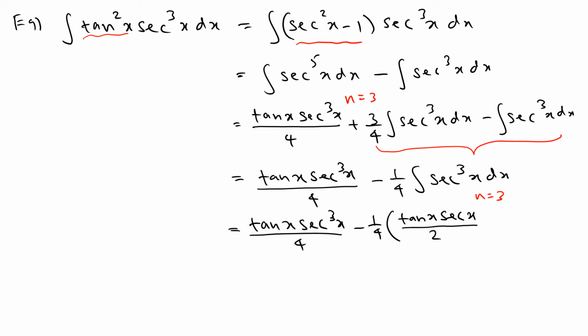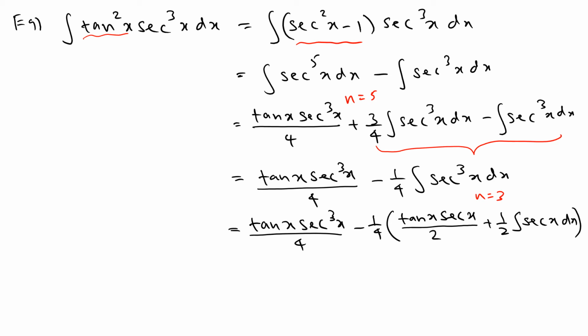Actually earlier we made a mistake. It's n equal 5. Okay, so you're going to get plus 1/2 secant x dx.